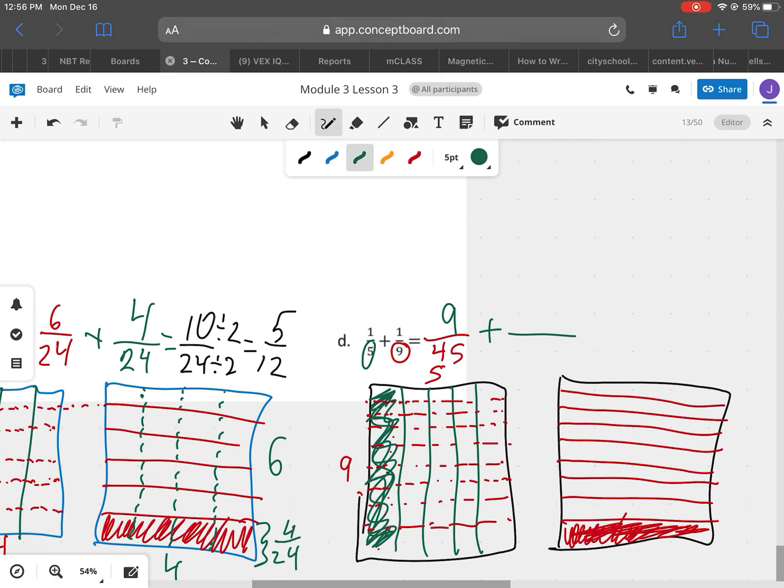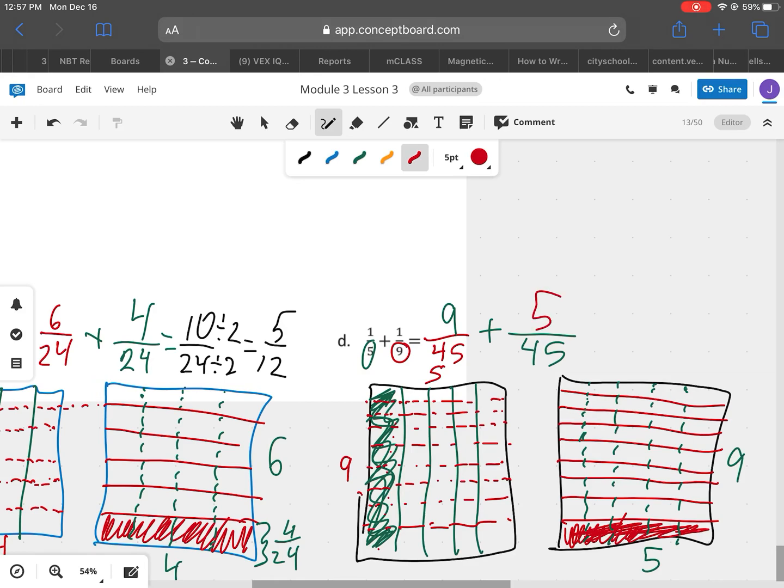All right, I'm going to do my green one over here and divide it into groups of 5. Okay, so I basically did the same thing that I did with the green on the other side, and I'm left with 1, 2, 3, 4, 5 down here and 9 over here, so that's 45 again.